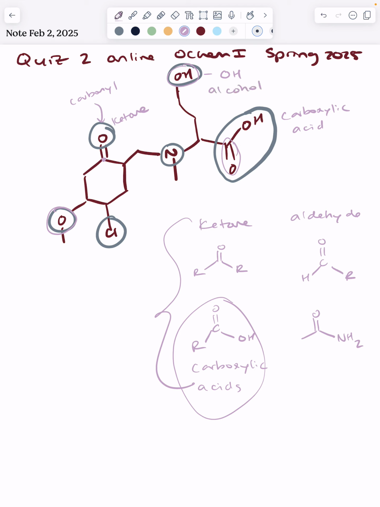Whereas over here we have an oxygen with carbon on both sides, and an oxygen with carbon on both sides is an ether. So I would call this one down here an ether and this one an alcohol, and I think that's all of our functional groups with oxygen. So we've covered all the functional groups with oxygen in our structure as well.